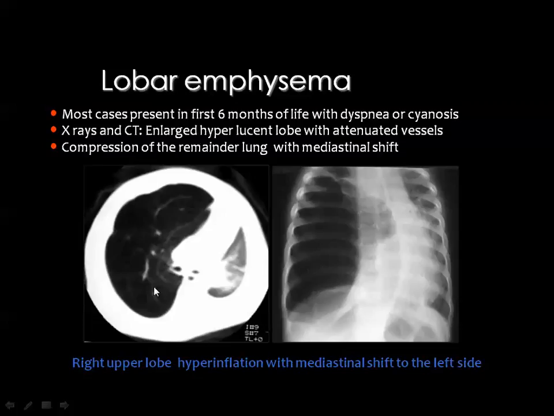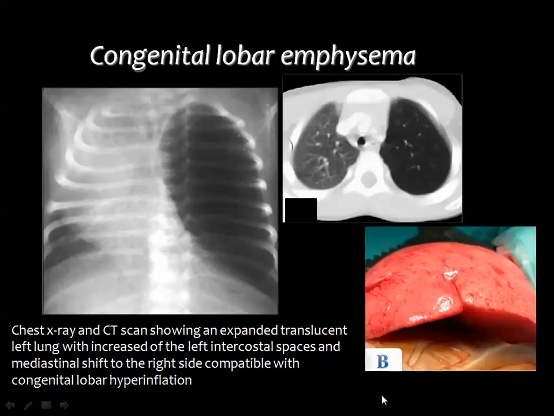The lung with abnormal vascularity is the abnormal lung. But if the vascularity is normal on both sides, then the smaller lung is the abnormal one. And this is a hyperinflated upper lobe with scanty pulmonary vasculature, diagnostic of congenital right upper lobe emphysema.